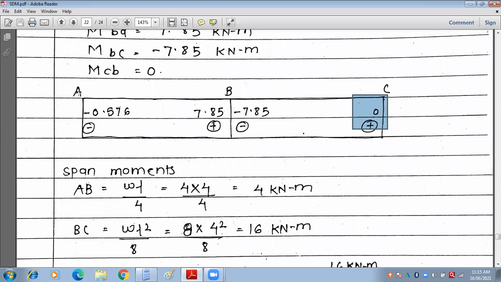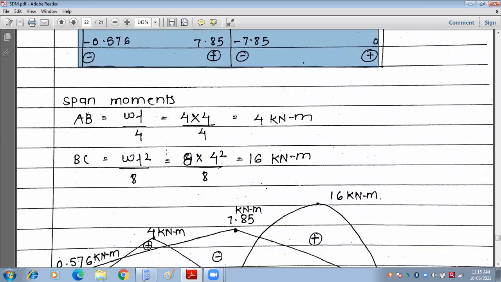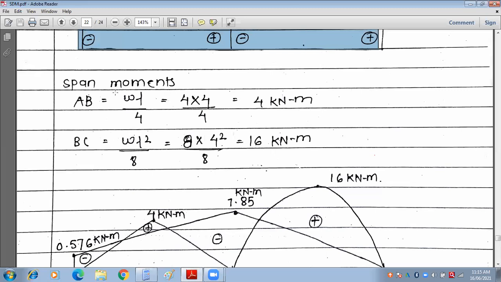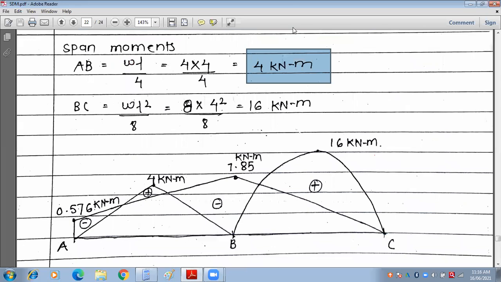Now once you have the fixed end moments, we have to find the central span moment. As we know, for the point load carrying span the formula is WL by 4. W is 4, span is 4, divided by 4, so 4 is the central span moment. This span moment we have to draw over here for span AB. Similarly for the UDL, the central span moment is WL square by 8.